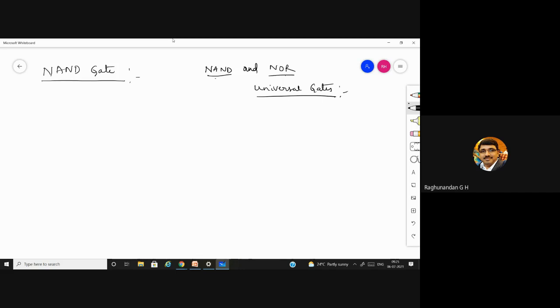Suppose you have a NAND gate IC, but you want to rig up a circuit for AND gate. Then you can do it by using NAND gate. You can replace any other gate by using NAND and NOR. But by using the basic gates, you cannot have this NAND and NOR. That is a specialty. So that's why they are called universal gate.